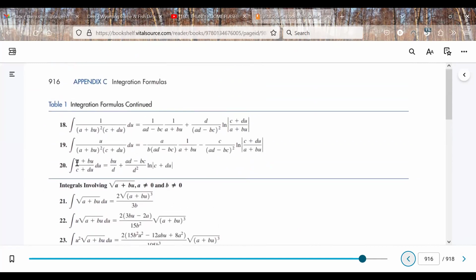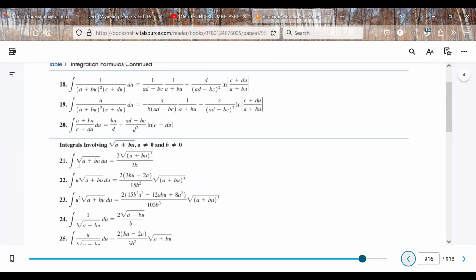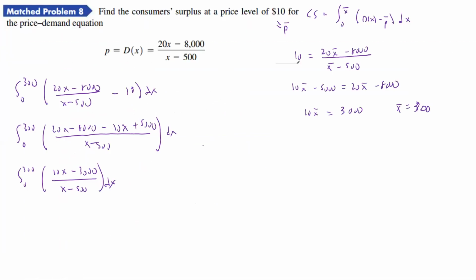Oh, here we go. We have (a plus bu) over (c plus du). In this case, our a and our c are going to be negative, so we can use that equation. We're going to use number 20. Let's write down what we have.